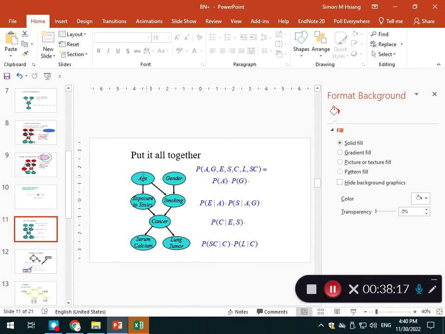I only need to know P(A), P(G), then how A influences E, given A, and G, how it influences smoking, and after that I need to understand how E and S influence C.